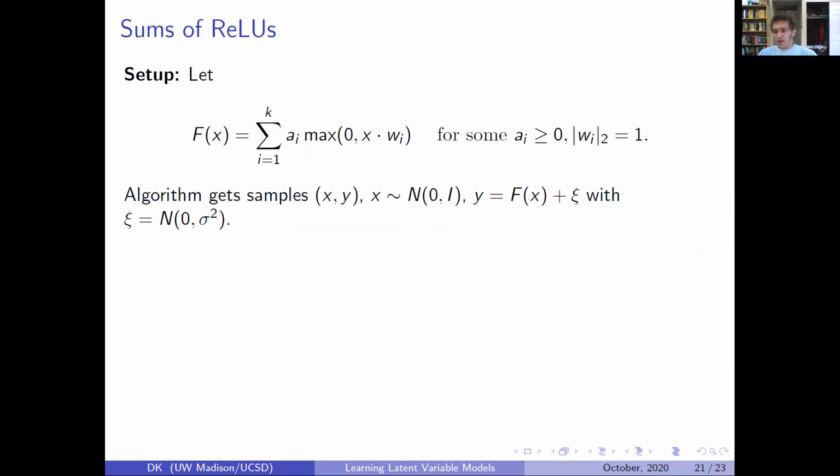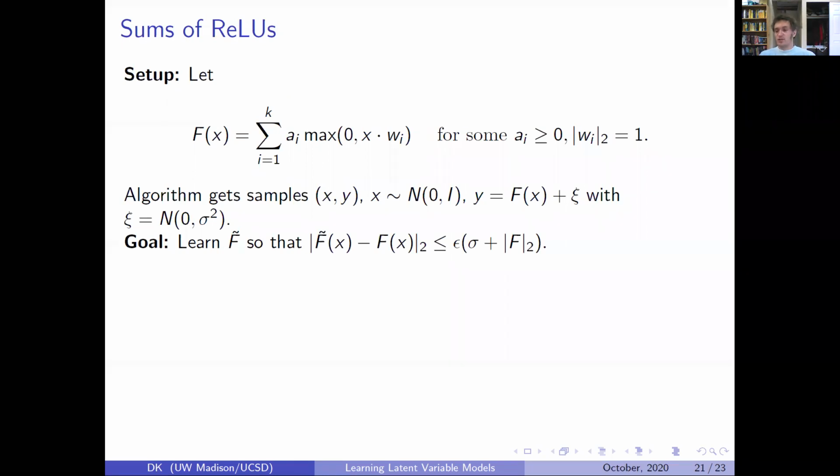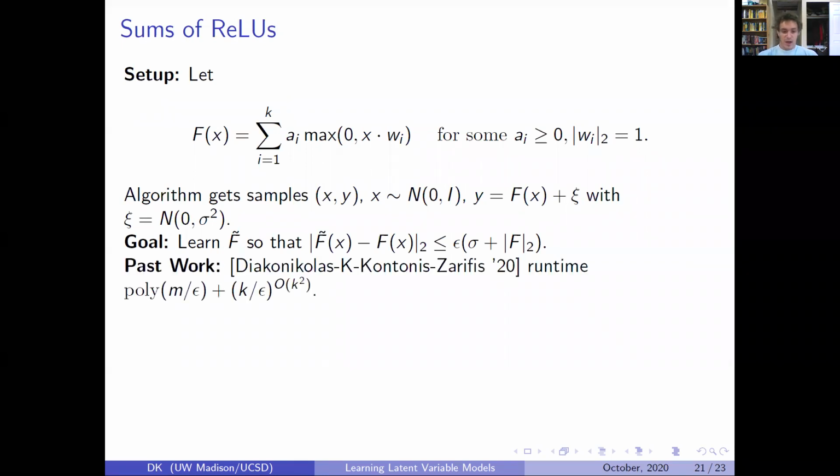So for sums of ReLUs, let f of x be a sum of a_i times the maximum of 0 and x dot w_i, a ReLU function. In particular, I want a_i to be non-negative for this to work. Your algorithm is given samples x, y, where x is a standard Gaussian, and y is f of x plus some independent errors. The goal is to learn an f tilde that approximates f in L2 distance. Previously, not a lot was known.